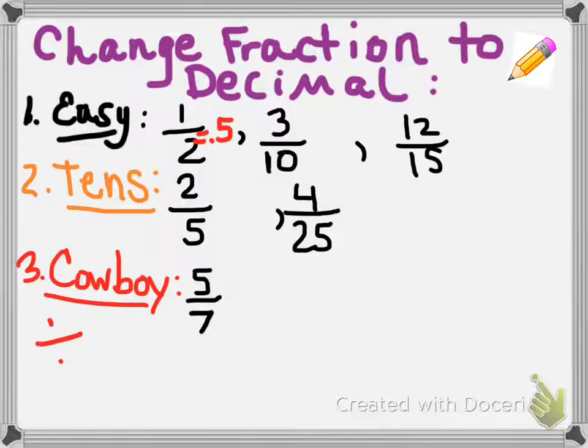Excuse me, 0.5 or 5/10 would be the decimal. Again, some of you already know your place values, so you know that the first place to the right of the decimal is called the tenths place.